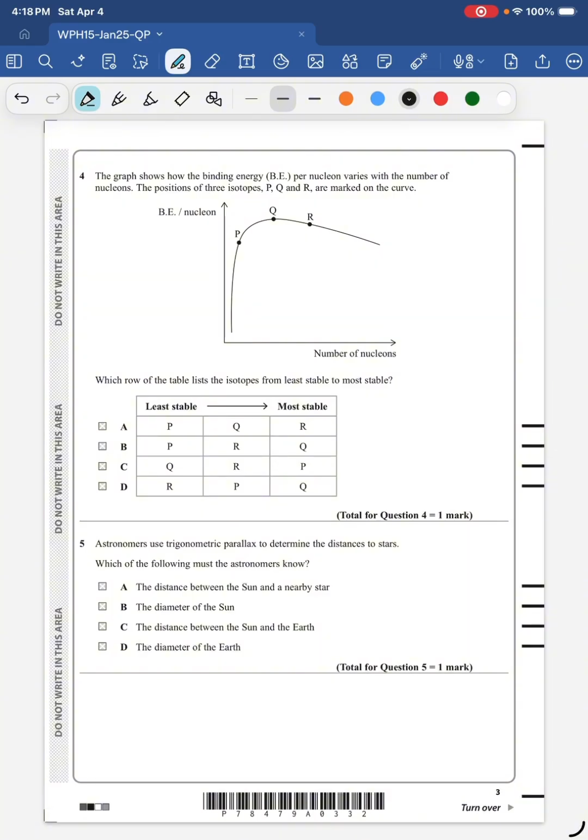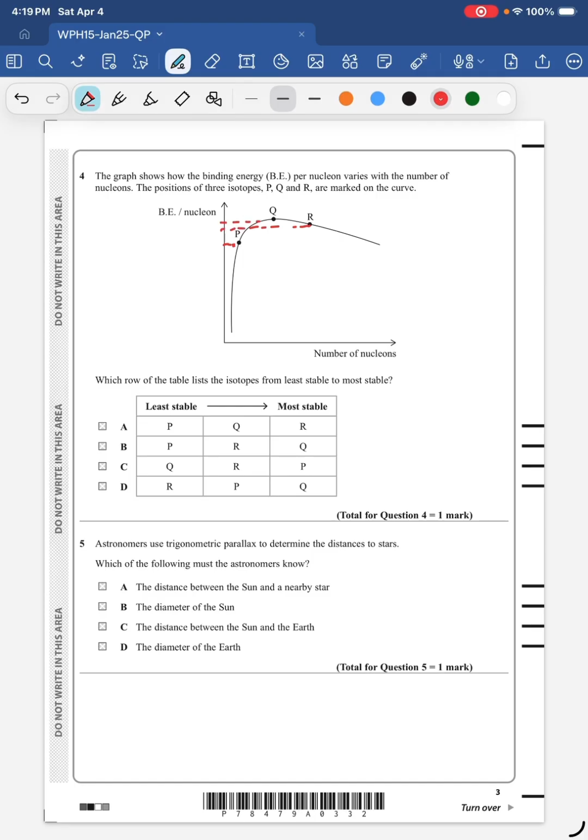4, the graph shows how the binding energy per nucleon varies with the number of nucleons. The positions of 3 isotopes P, Q, and R are marked on the curve. Which row of the table lists the isotopes from least to most stable? Okay, so P has pretty much the lowest binding energy per nucleon, then comes R, right?